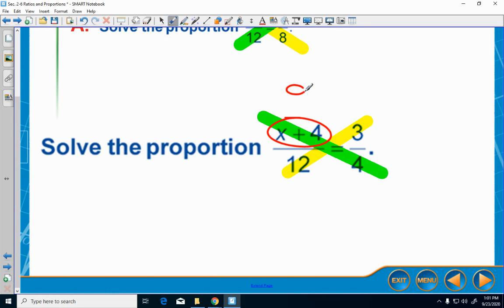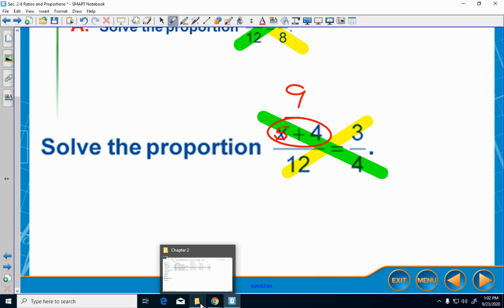Meaning this spot has to be worth 9. Not x, but that spot itself, that numerator's got to be worth 9. Well, you already had a 4 in there. So Caroline says if I just take the 4 away, that means this spot had to be filled with a 5. Yeah? You seeing it? All right.